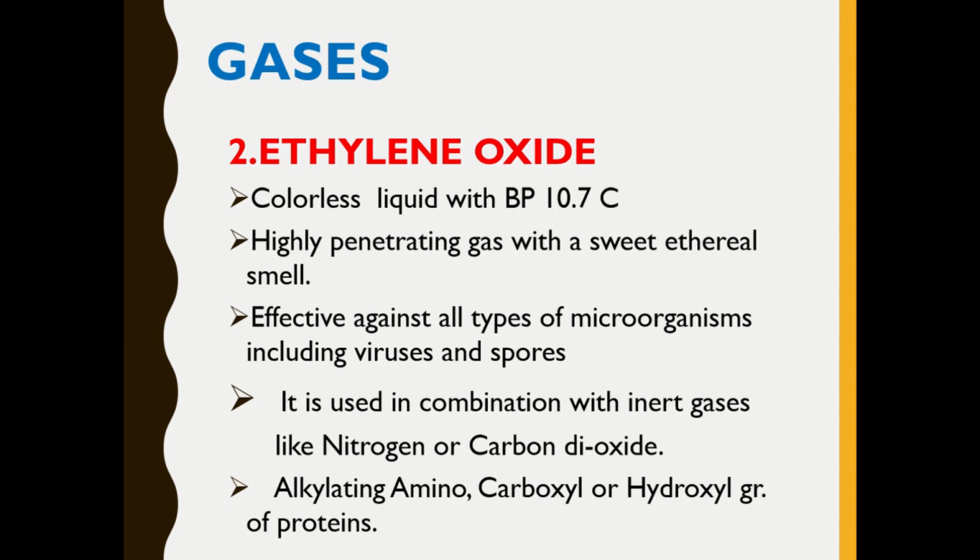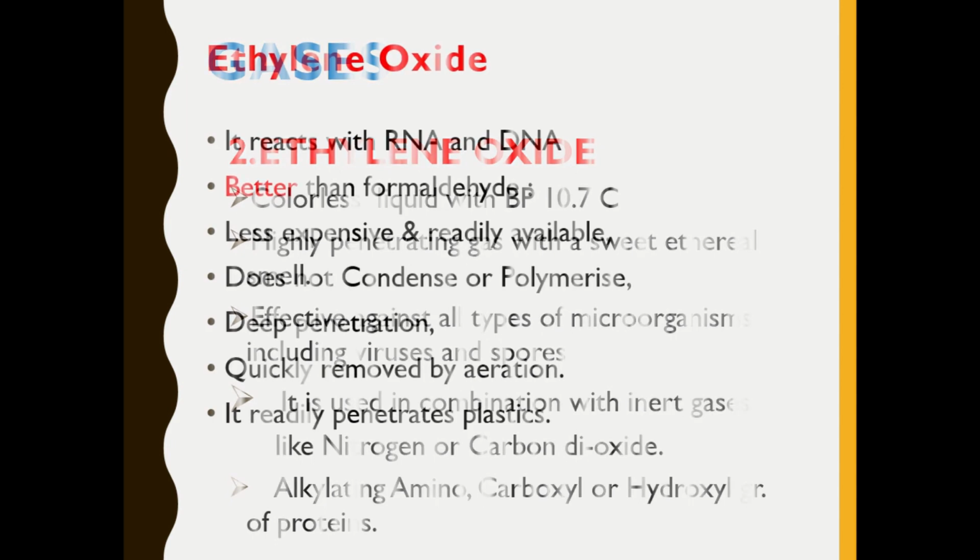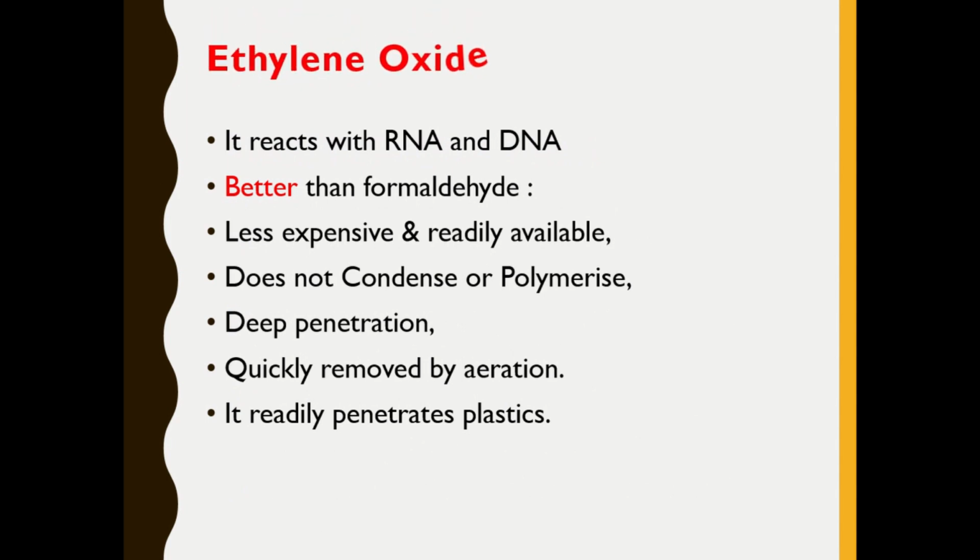It acts by alkylating amino, carboxyl and hydroxyl groups of the proteins. Ethylene oxide also reacts with the RNA and DNA of the bacterial cell and inactivates it. So this agent is better than formaldehyde.